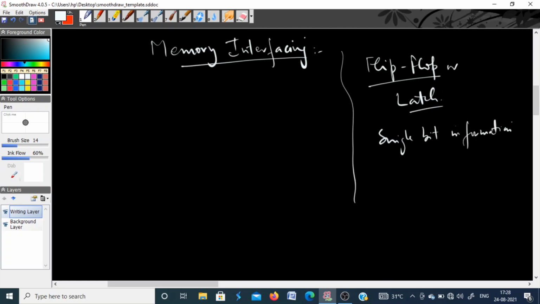Okay, which is basically called a memory cell. So it can store either logic 0 or logic 1, one bit at a time.